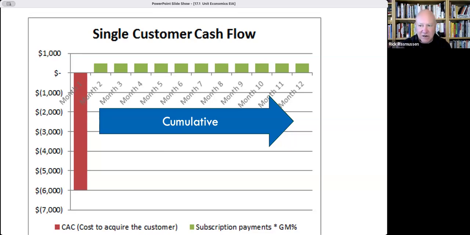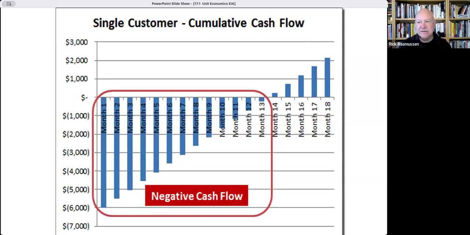So if we take this curve and we turn it on its side, it looks like this. You started off with a negative cash flow by acquiring a customer, and pretty soon, on a cumulative basis, you chew away at that initial cost, and then you start making money here over time.